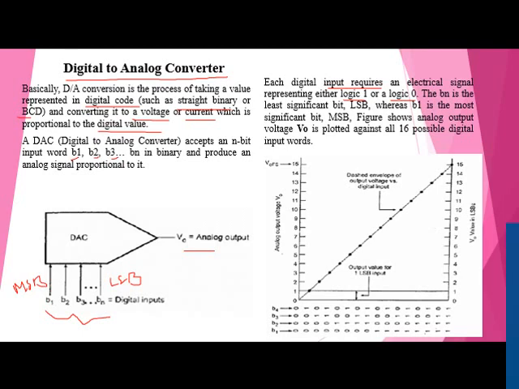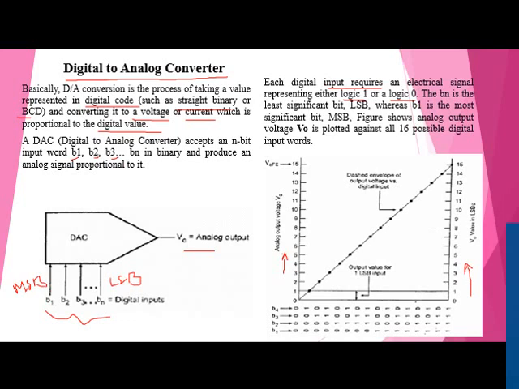Now this figure shows the analog output plotted against all 16 possible digital words. On the y-axis we have the analog output voltage, versus all 16 possible digital words from 0000 to 1111. On one side of the diagram is the full scale, and on the other side the output voltage values in terms of one LS bit.